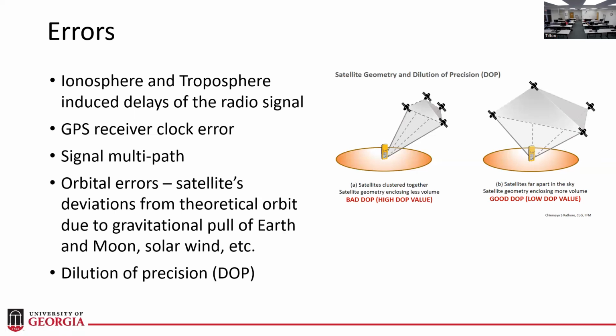So this is the dilution of precision error, and it is very common, actually. When I was an undergrad, I worked in a company that did surveys and mapping. I used to go to farms to collect and map the boundaries of the farms. In Brazil, in my region, we have a lot of mountains and very dense woods as well.